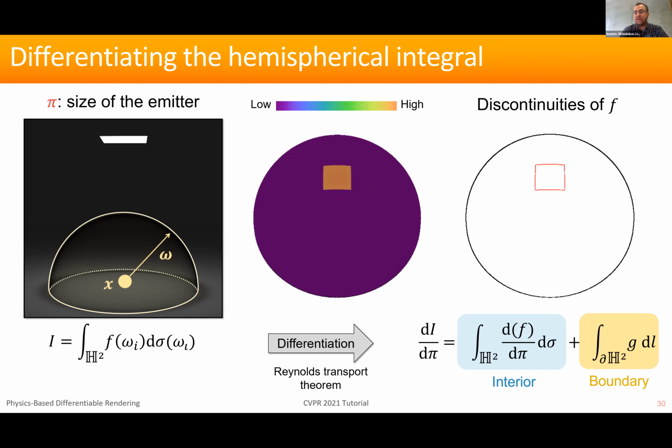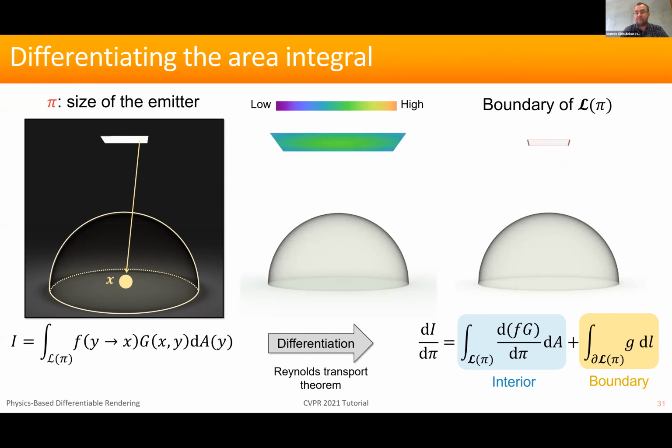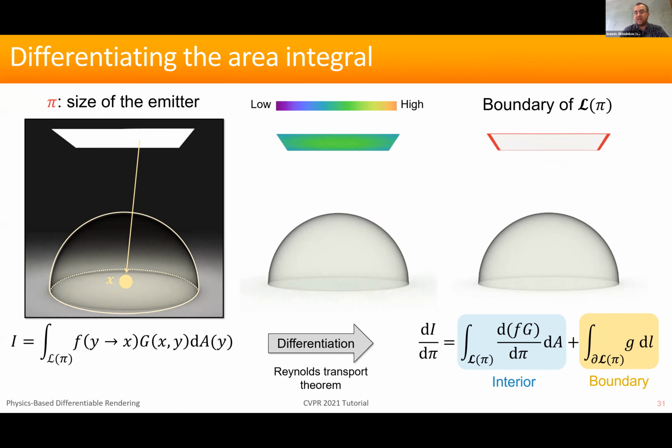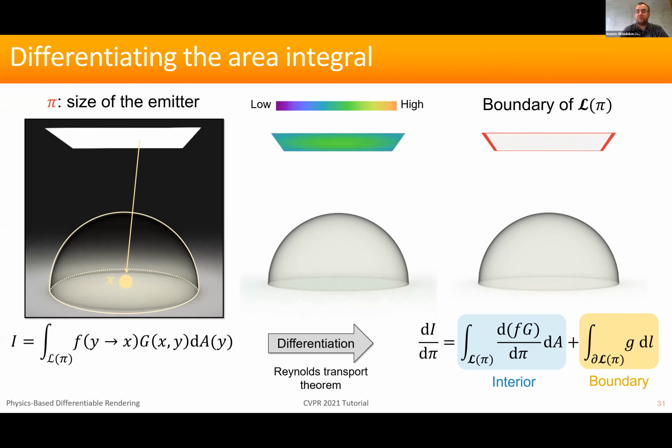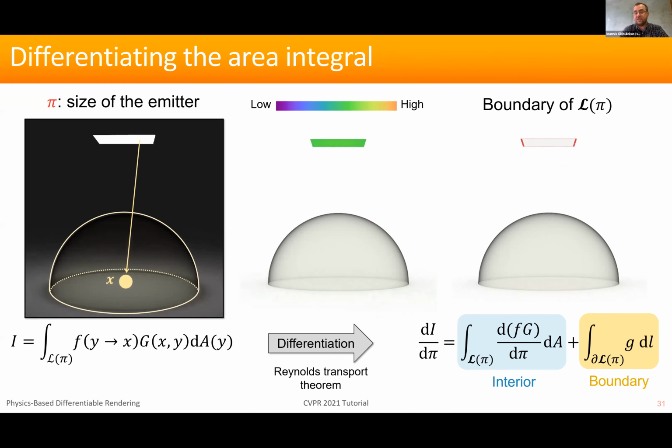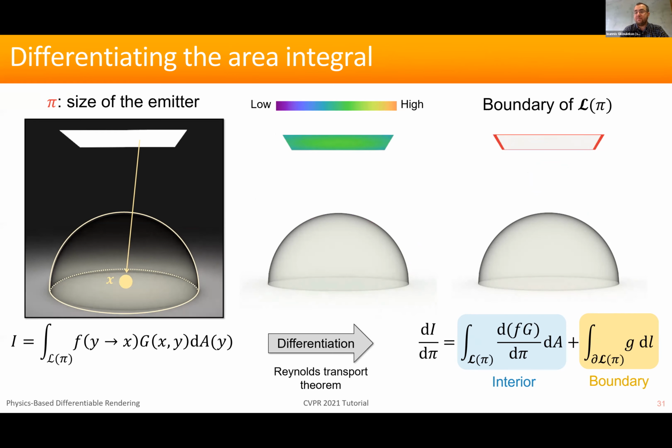If we apply it in the hemispherical case, we see the two terms that we saw earlier. And if we apply it to the area case, again, we see two terms: an interior term that is simply moving the derivative inside the integrand, and a second boundary term that, in the context of the simple scene I am showing, involves simply the boundaries of the emitter.